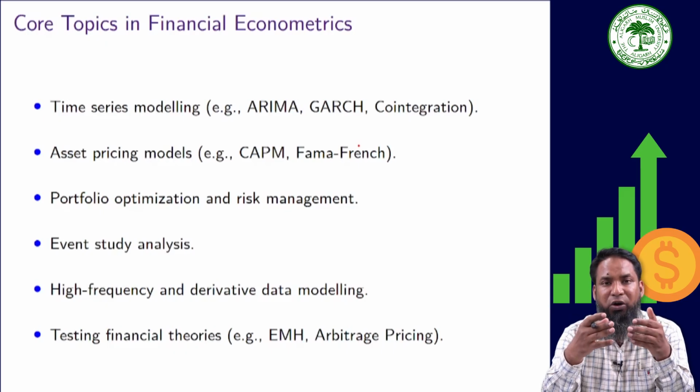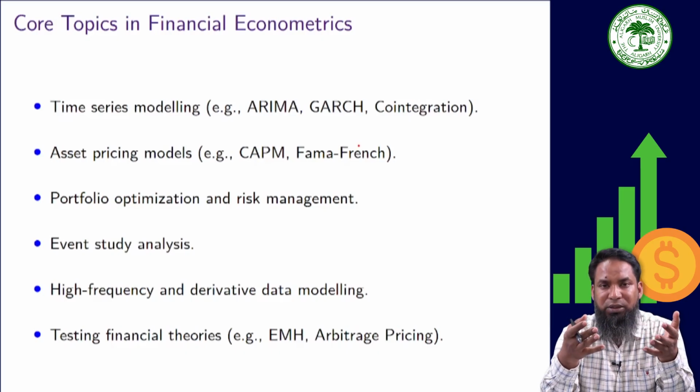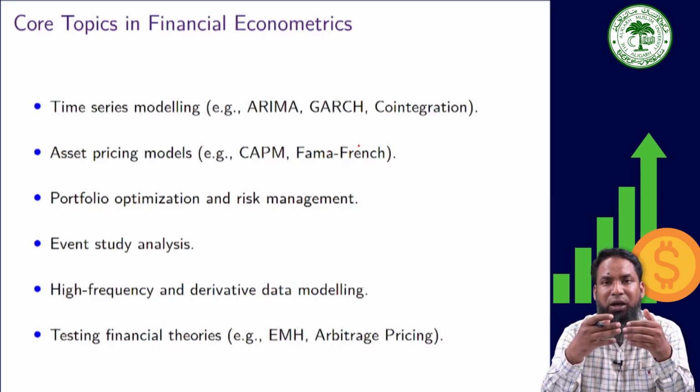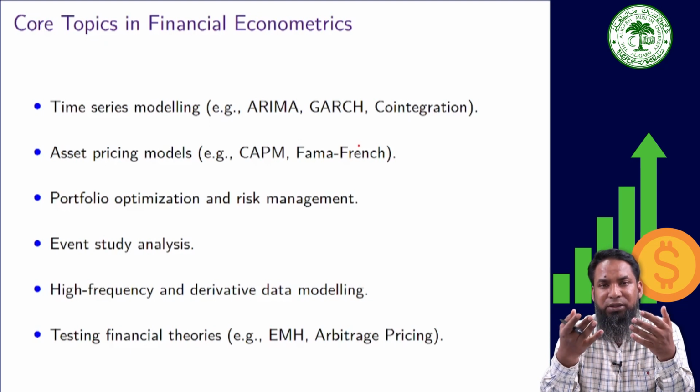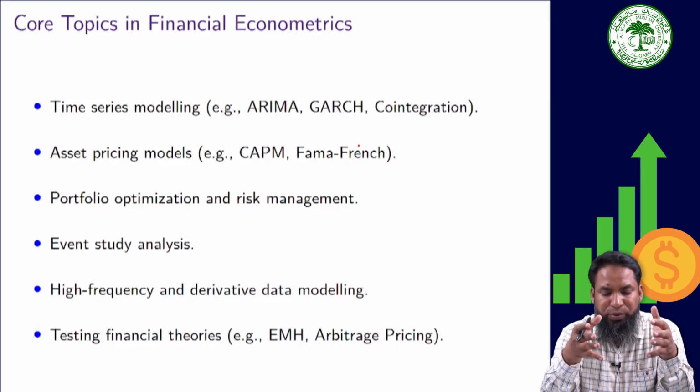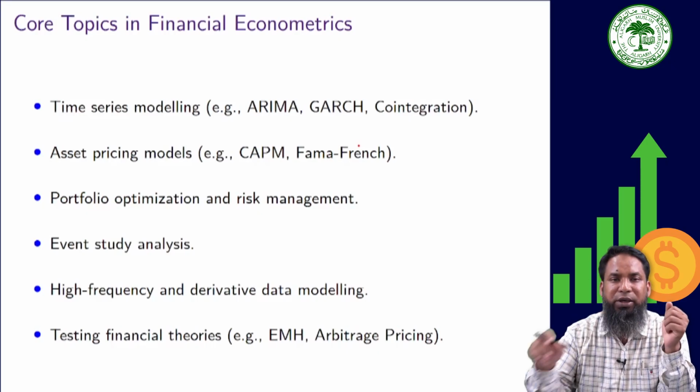For example, we have often heard of the efficient market hypothesis. Are the markets efficient? If not, then what are the factors? What anomalies are there? Or the arbitrage pricing theory, does it really exist? So those are the core topics we have in financial econometrics.